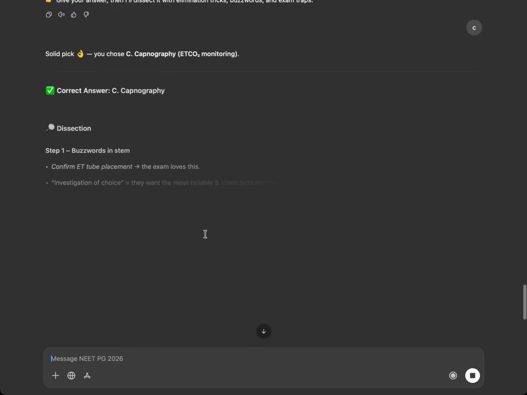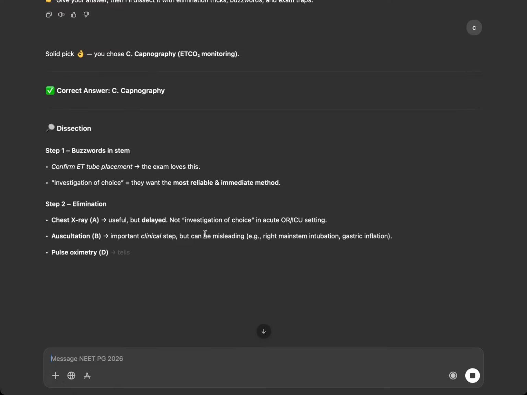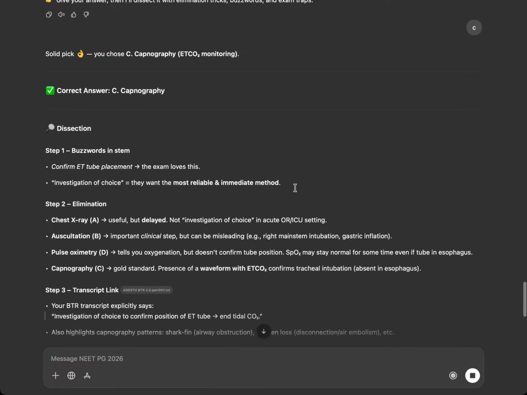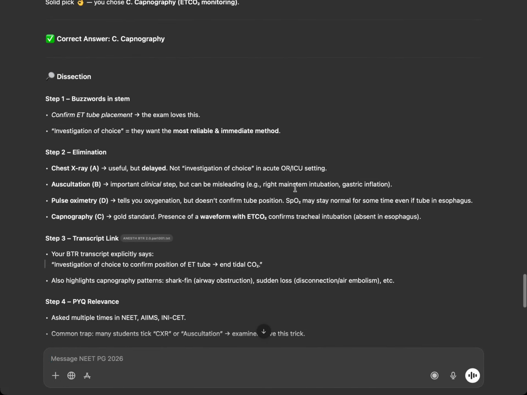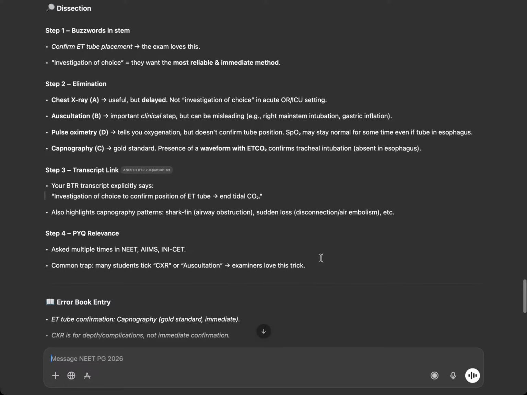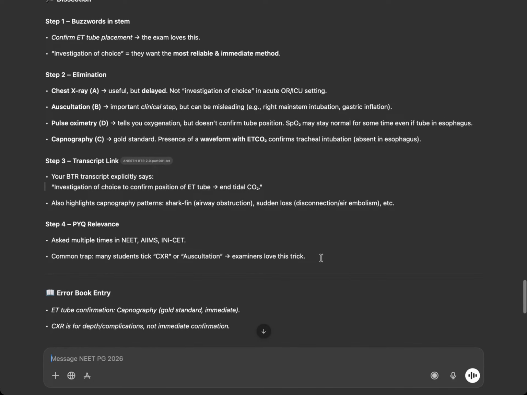Shark fin is Macintosh, no? Hey, you are talking about capnography. We'll go step by step. Shark fin was in what? Correct, thank you.